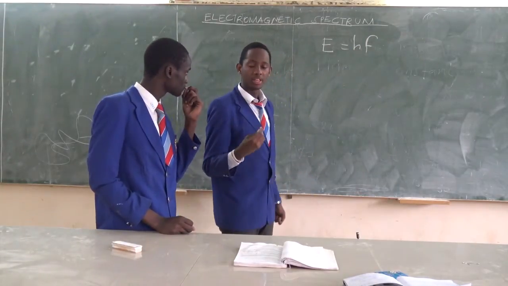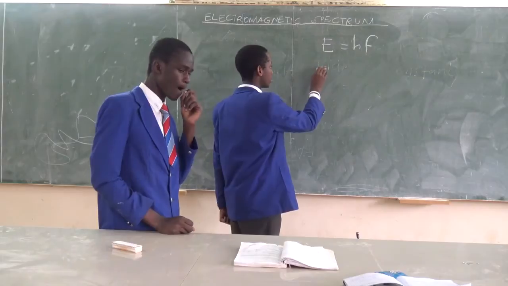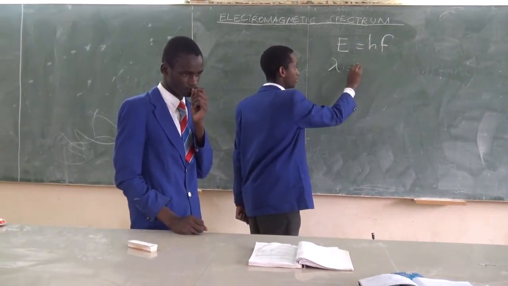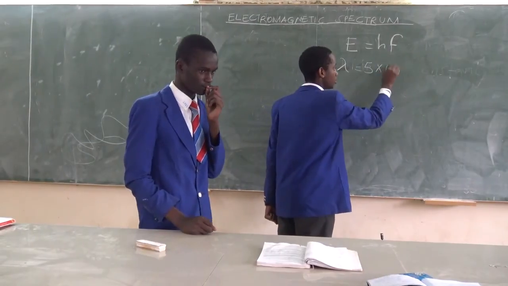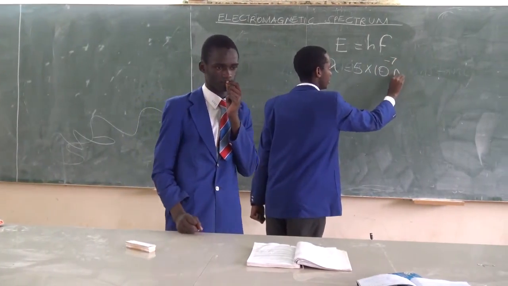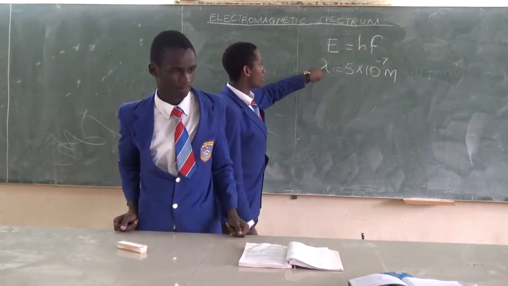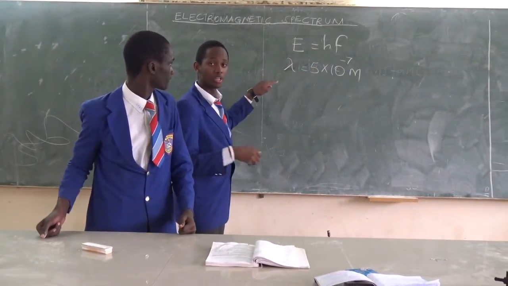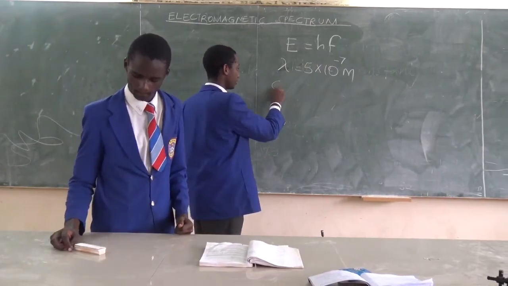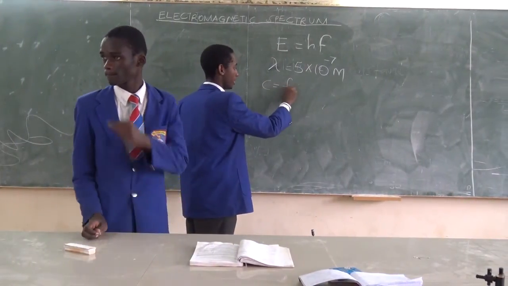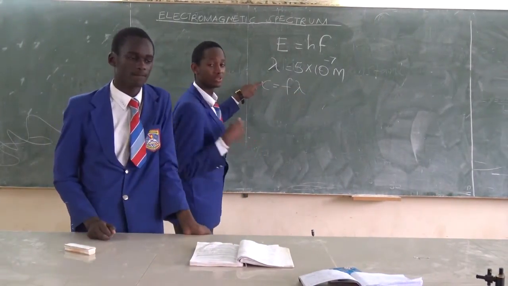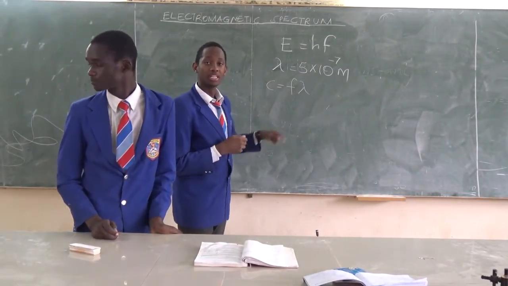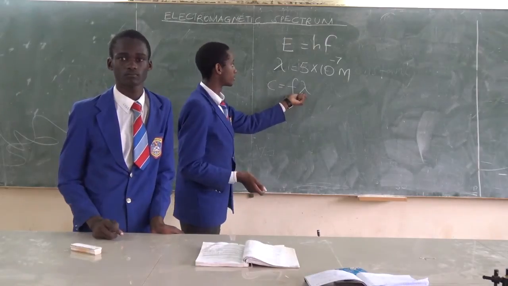And we have been given the wavelength, lambda, which is 5 × 10^-7 meters. We can see that it is not involved in this equation, but we also have another equation, c = f λ. The speed of light is equal to the frequency of that electromagnetic wave times its wavelength.